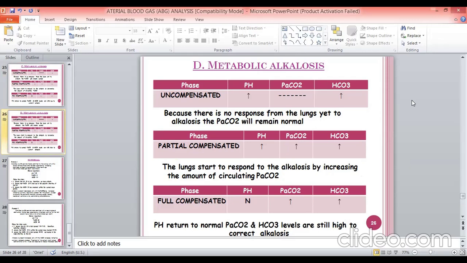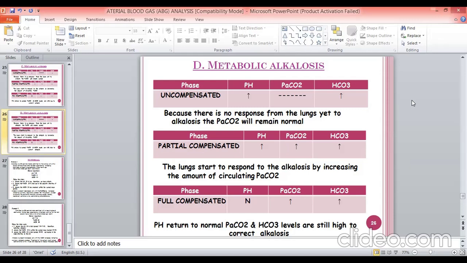Alkalosis means increased pH, and in the same direction the bicarbonate level increases. The partial pressure of carbon dioxide is normal because there is no response from the lungs. In alkalosis, the partial pressure of carbon dioxide will remain normal.